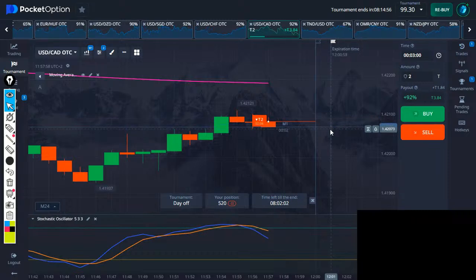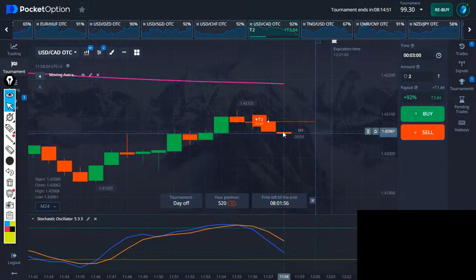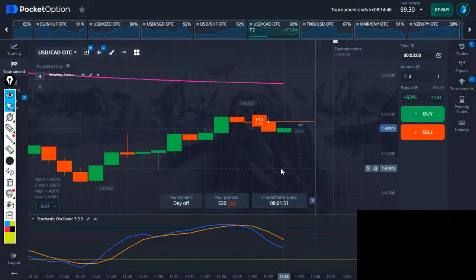We need a decent red candle, that's it. However, if we get a red candle here, we are safe, most probably. Stochastic is beautifully pushing down.